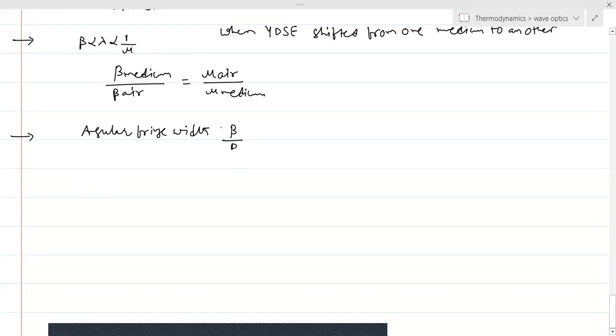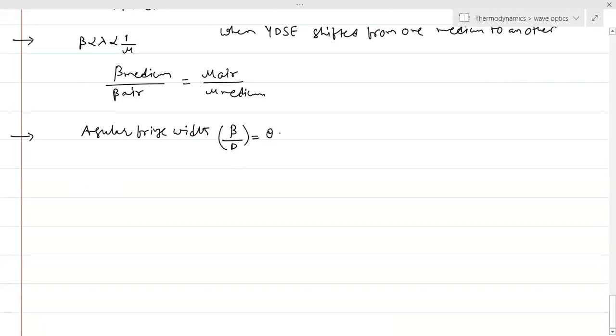That is beta by D, or we call it theta. So beta by D is nothing but lambda by small d. Beta by capital D is equivalent to theta, and theta is equivalent to lambda by small d.